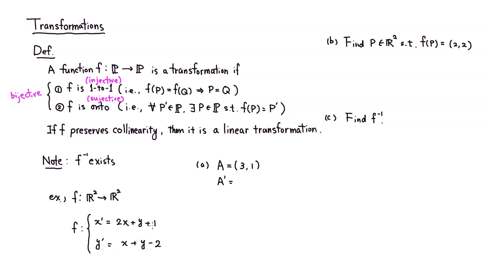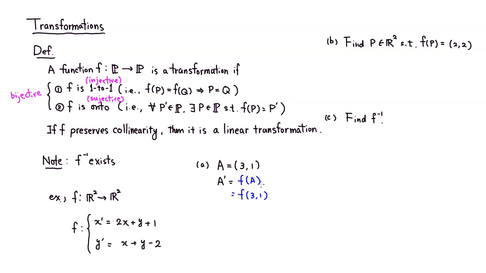Let's do a few simple problems. Let's say the original point is (3, 1). Can you find its image? I'm going to call it A prime. A prime is really the same thing as f of A, which is f of (3, 1).